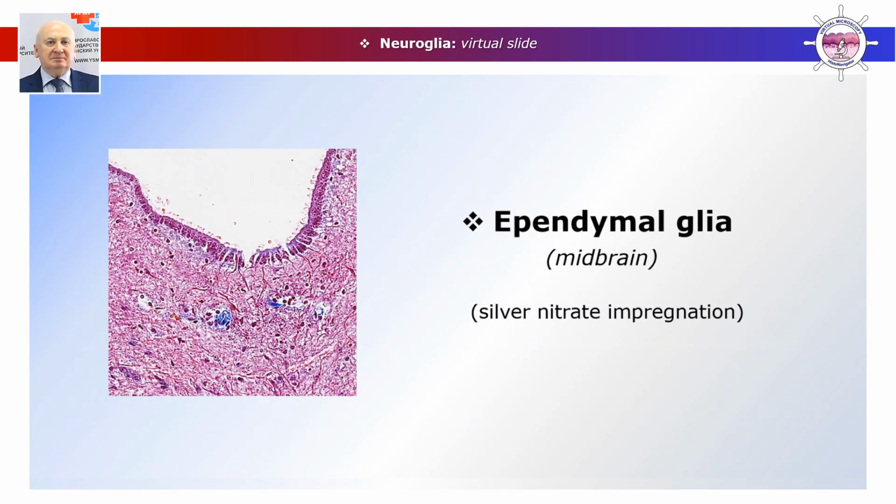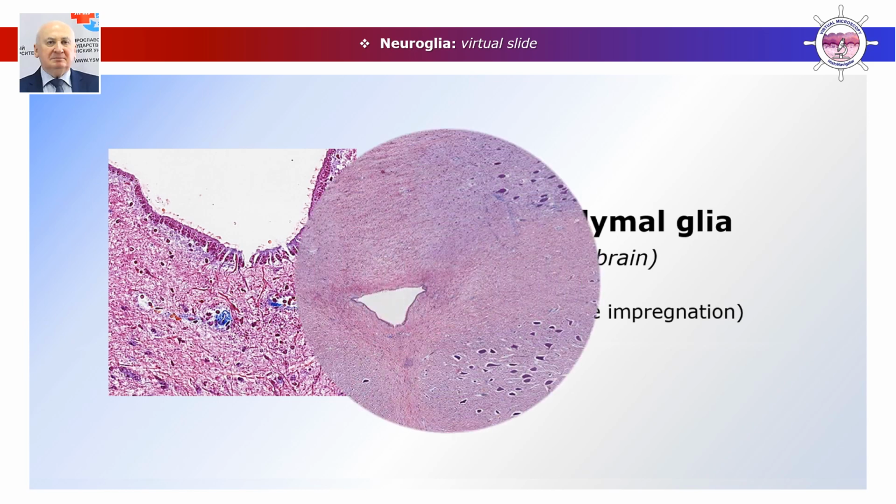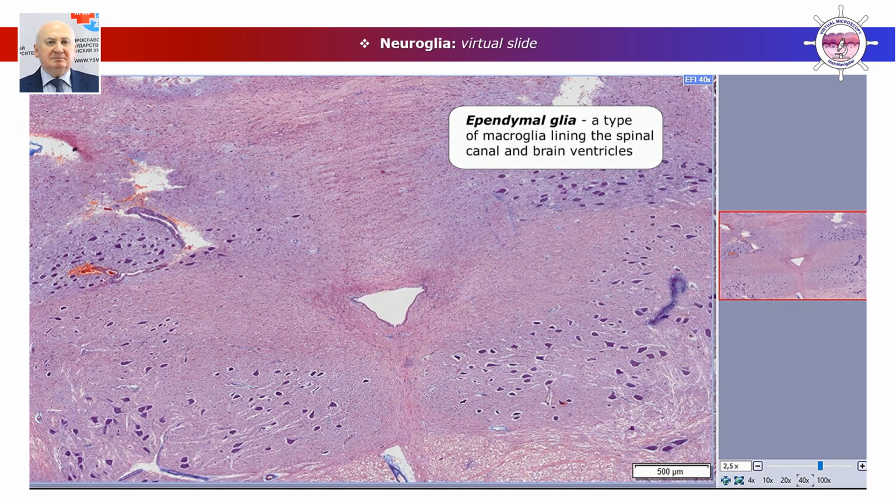Ependymal glia. Ependymal glia is a type of macroglia lining the spinal canal and ventricles of the brain.